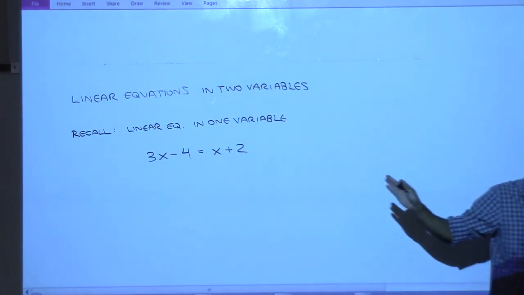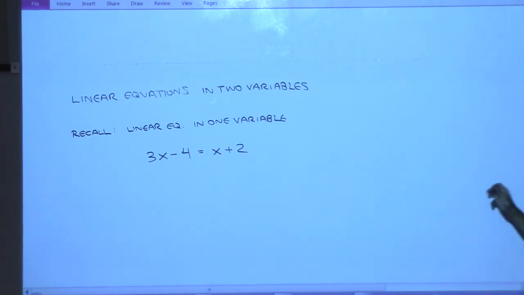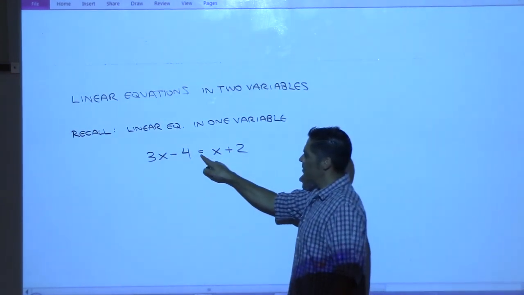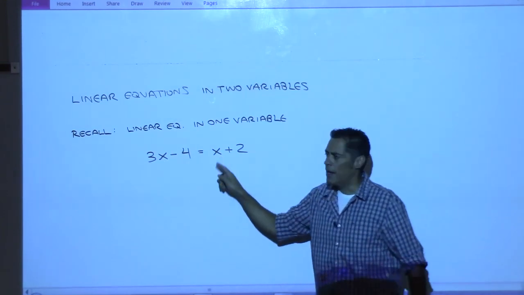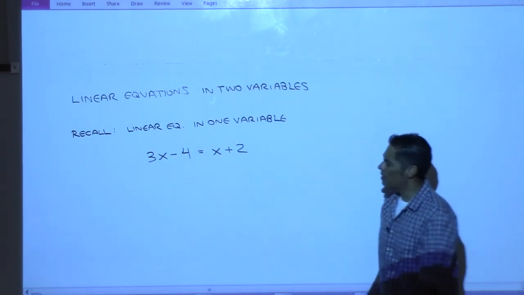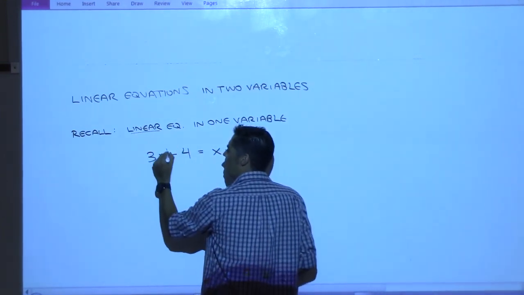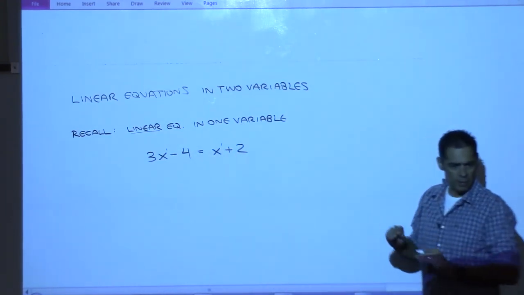We've looked at those already, right? We have an equation. There's one variable, and it is linear because the power on the x is 1, right? So we've looked at this.